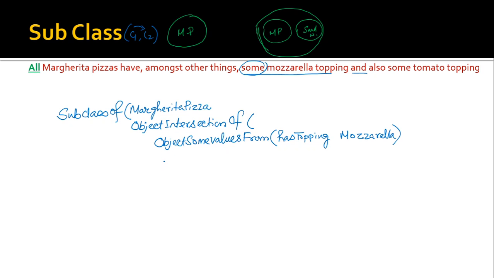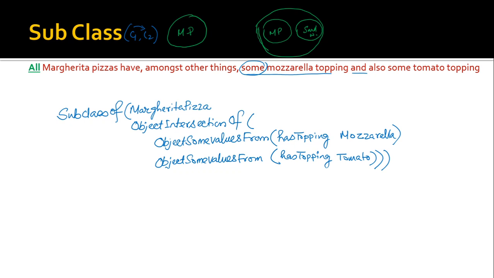Similarly, it will be ObjectSomeValuesFrom hasTopping tomato, right? So we are closing this, and closing this.